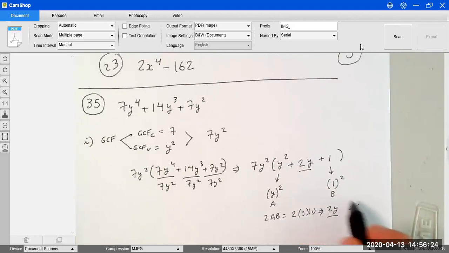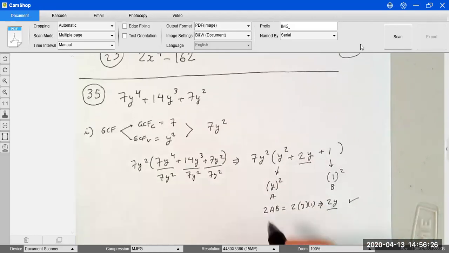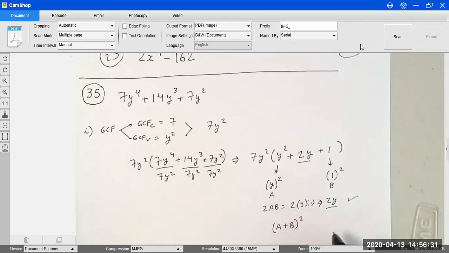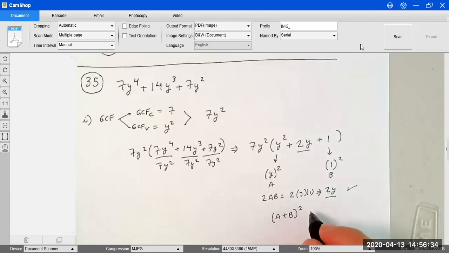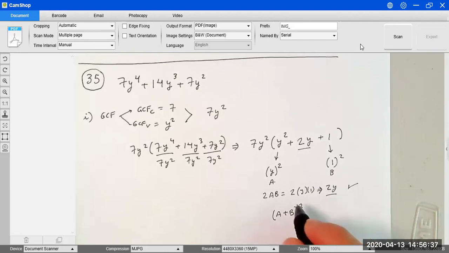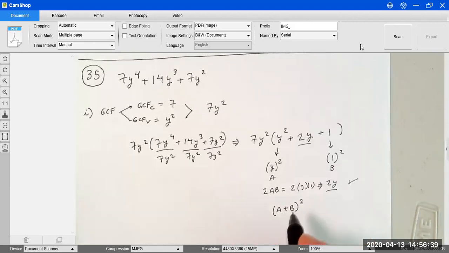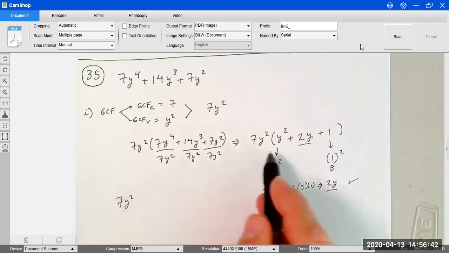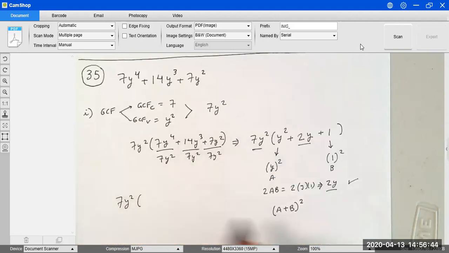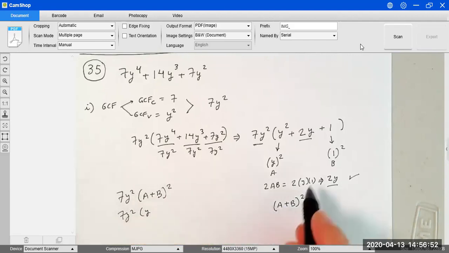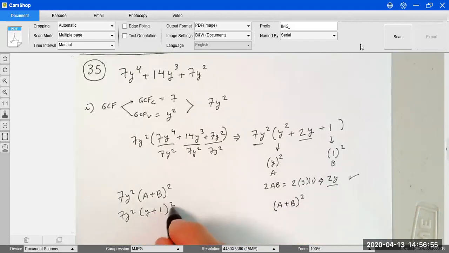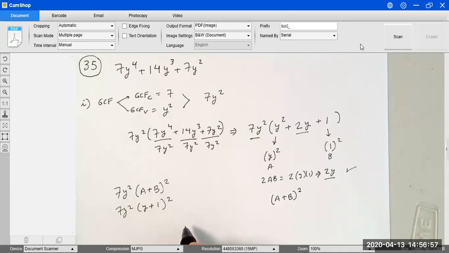So this is a perfect square trinomial, so you can write this as a plus b squared. Let's write this here. I'm going to get 7y squared, which is what I have here, multiplying a plus b squared. So 7y squared, a is y, and b is just 1. So y plus 1 squared. So this is going to be the answer for this problem.